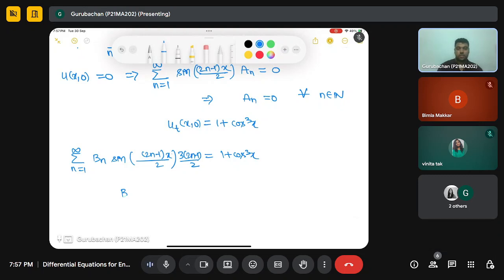I hope my screen is visible. Okay, there is some error, I think.